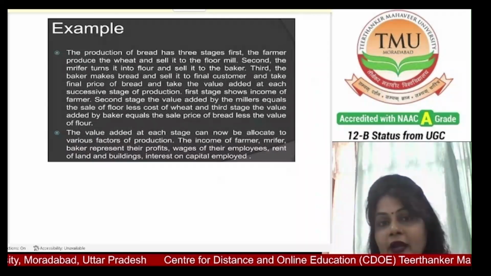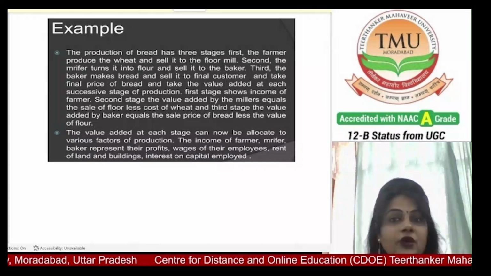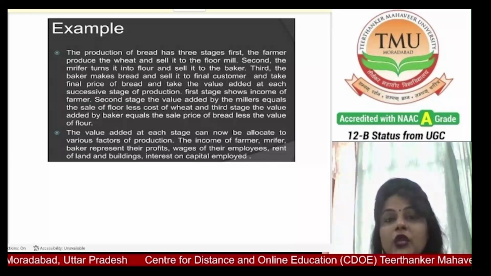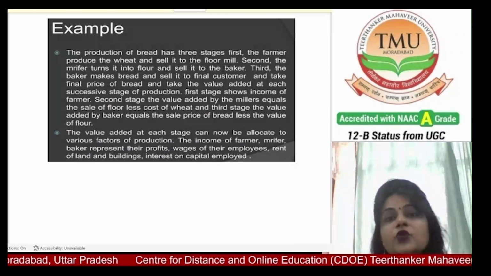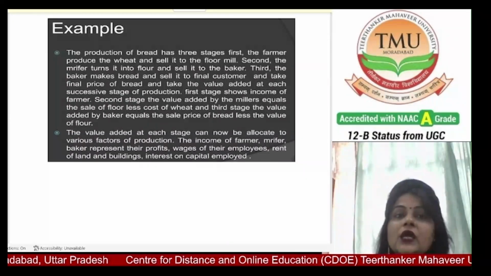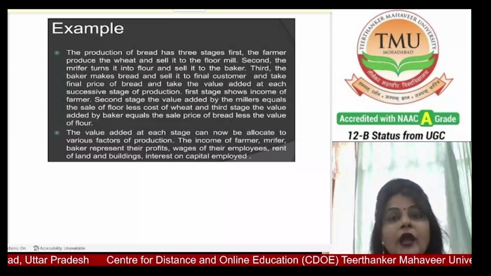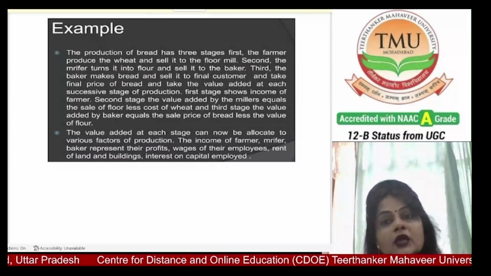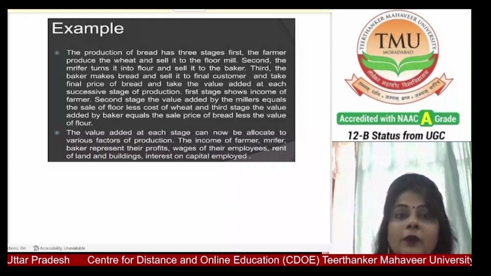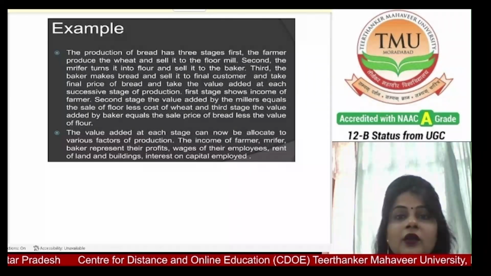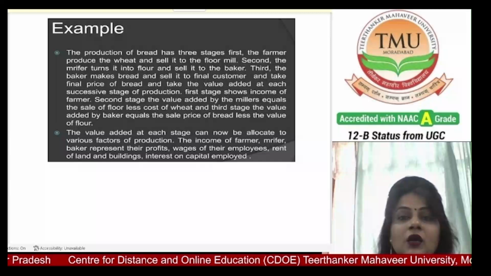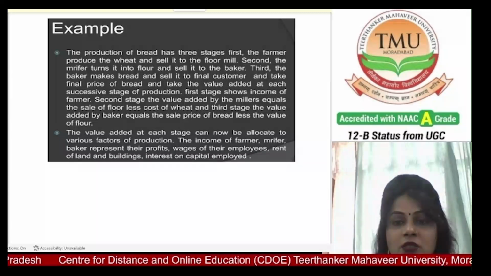The production of bread has three stages. First, the farmer produces wheat and sells it to the flour mill. Second, the miller turns it into flour and sells it to the baker. Third, the baker makes bread and sells it to the final consumers.